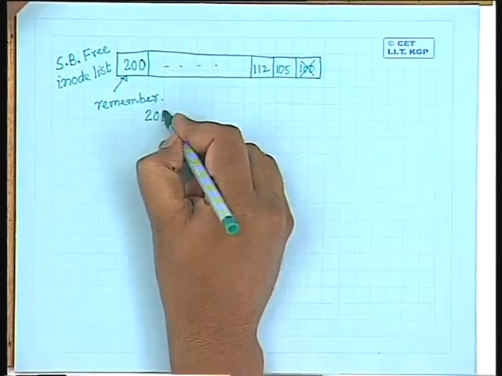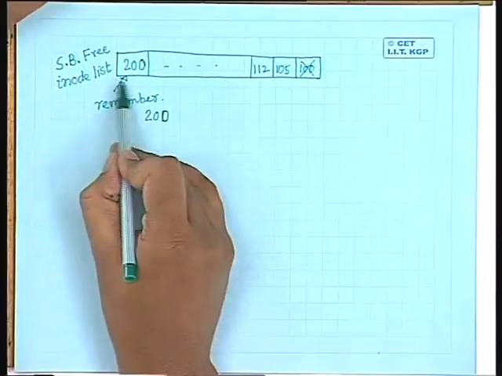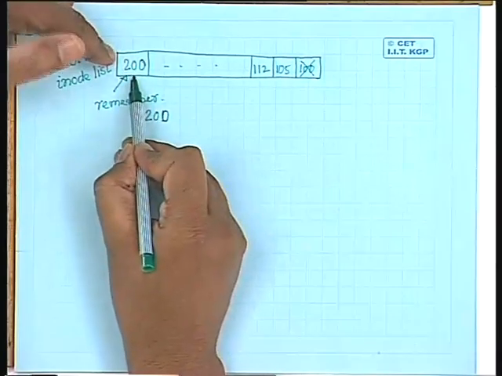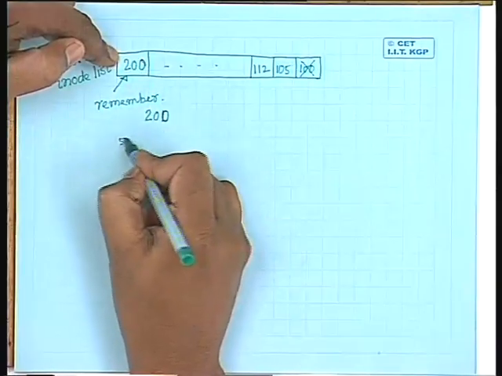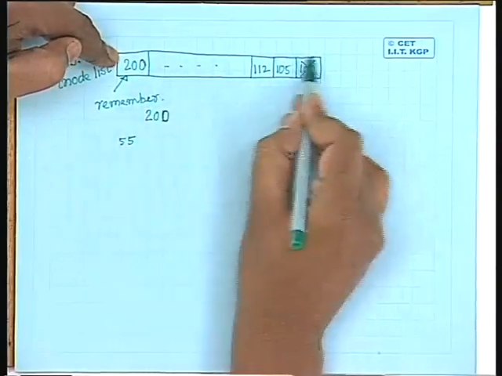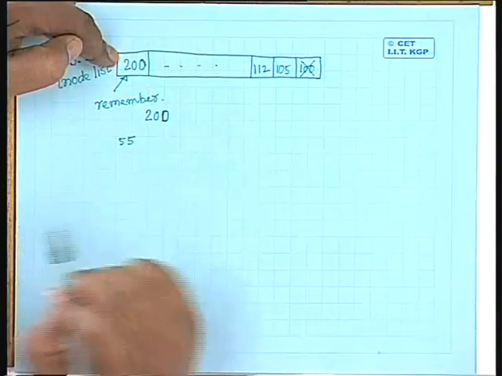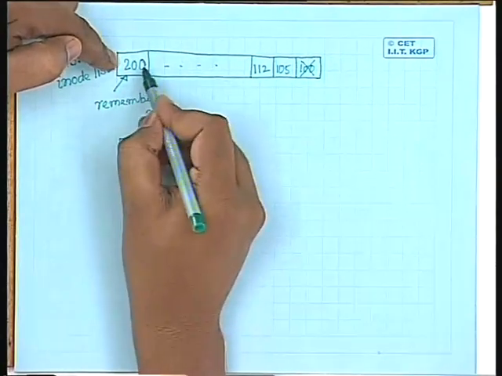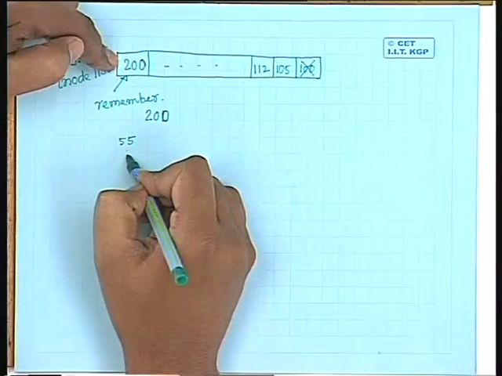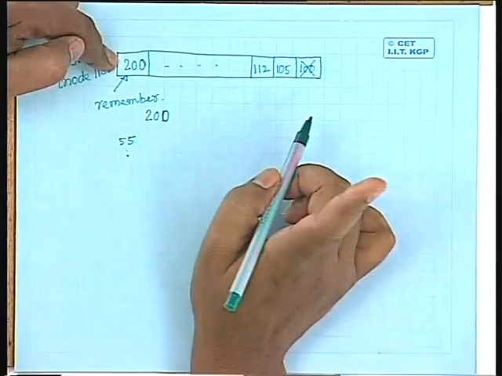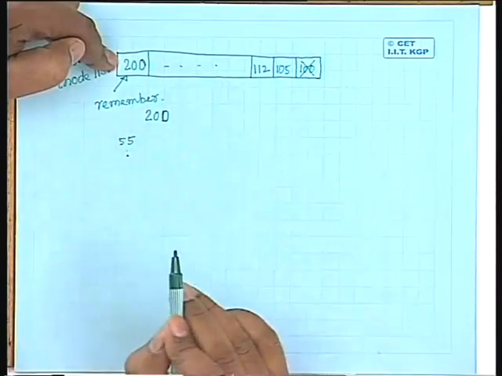Sorry, here the search operation will start from inode number 200 itself. So suppose the new inode which is being unallocated is inode number 55, and at that point I don't have any free space in the superblock free inode list. I'll simply replace this 200 by this inode number 55, so that next time I search for unallocated inodes, this 55 will be encountered.